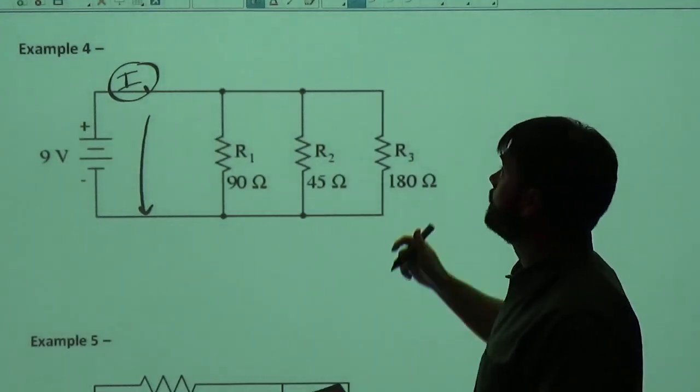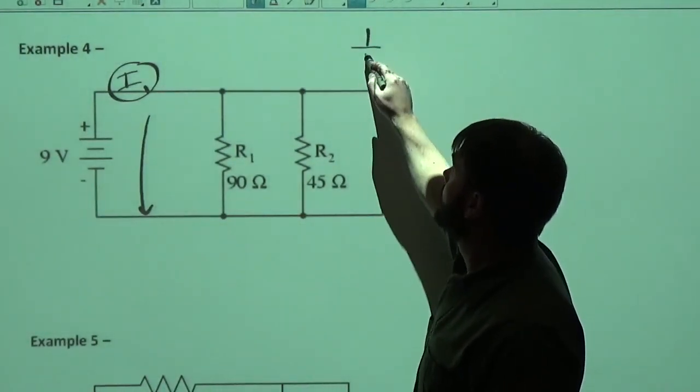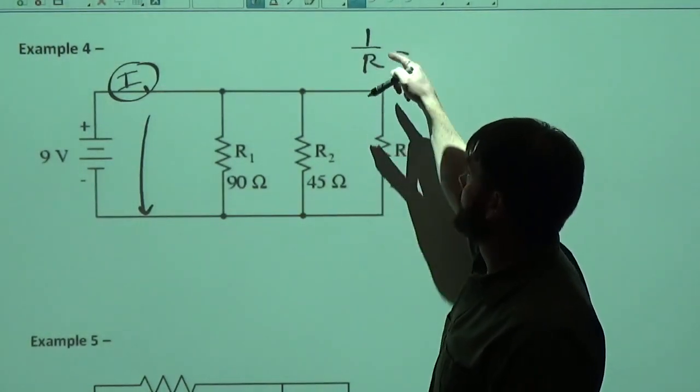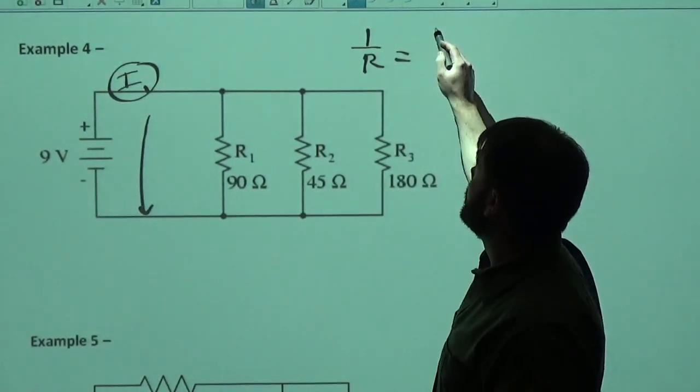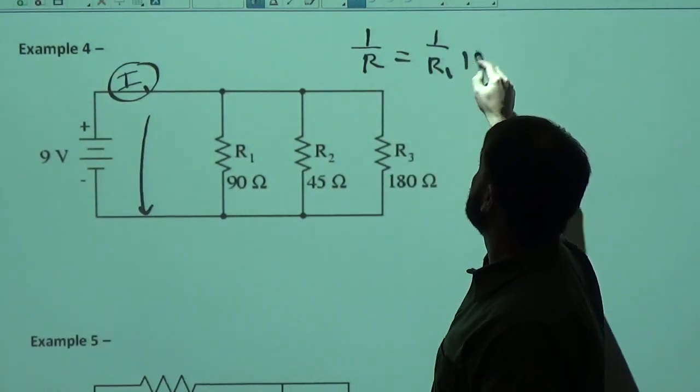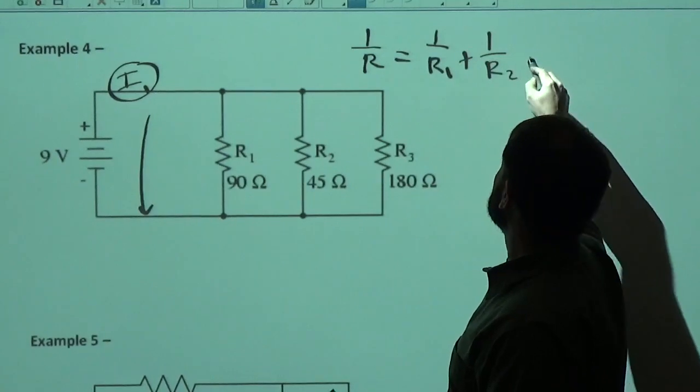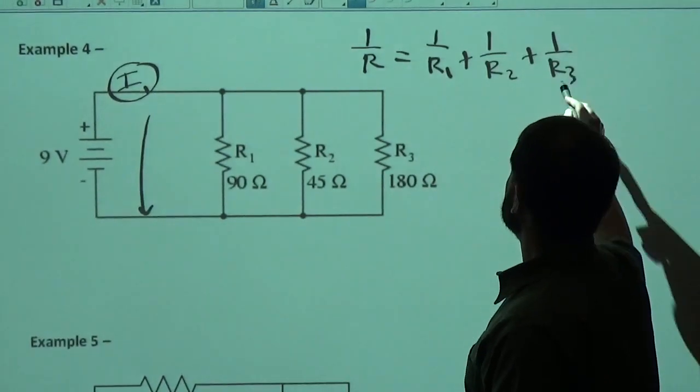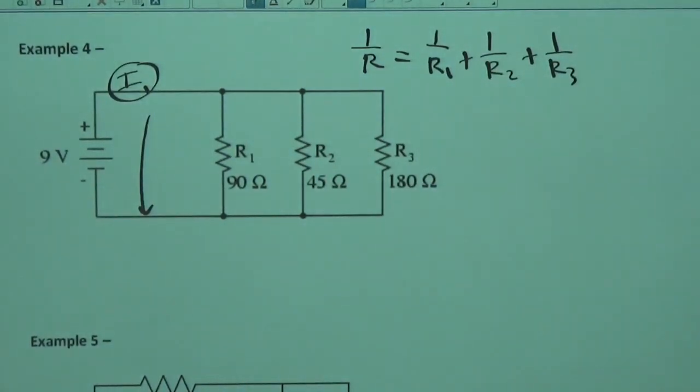So with that said, the resistance in a parallel circuit looks like this. You do 1 over R equals 1 over R1 plus 1 over R2 plus 1 over R3. Now this might seem confusing as to how or why we got them all flipped over.